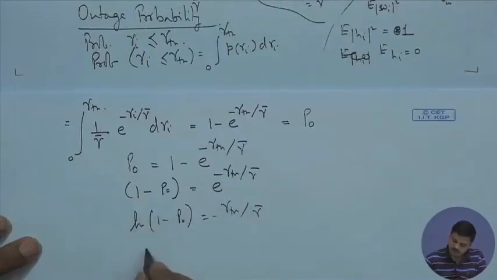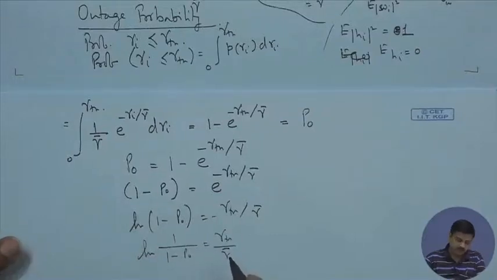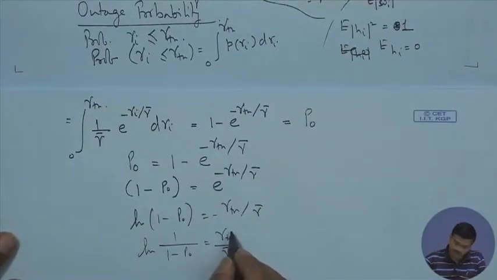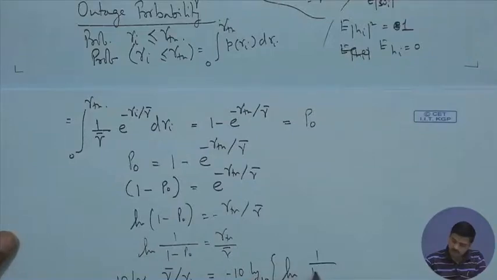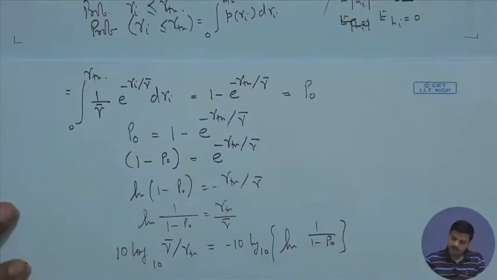If I move the minus to this side, you are going to get minus ln 1 minus p0 is equal to gamma th by gamma bar. And if I would take this as the ratio and take the log base 10 on both sides, then what we have is 10 log base 10 of gamma bar by gamma th is equal to, we could write, minus 10 log 10 of ln 1 minus p0, right. This could be the expression.